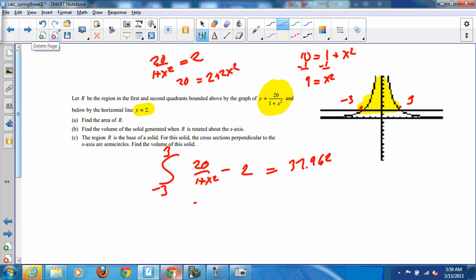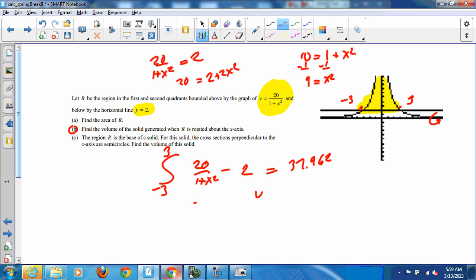Now that's for part A. Part B says find the volume when we rotate this solid about the x-axis. Okay, so we have a rotation problem.